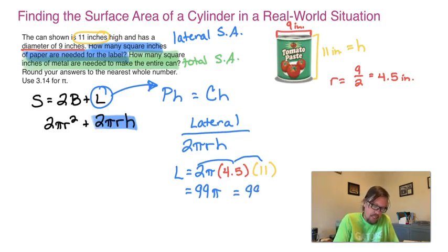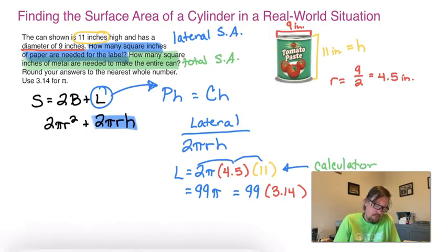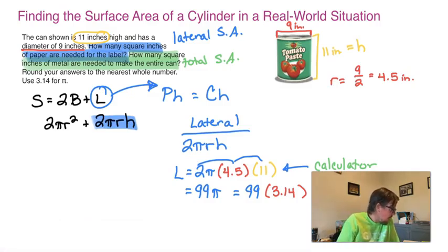And then if we multiply 99 by 3.14, which is what the problem asks us to do, and you could do this all at once on the calculator, but I'm getting the exact answer of 99 pi first, not for any good reason other than I just feel like it. So 99 times 3.14, I calculated beforehand, and I got 310.86.